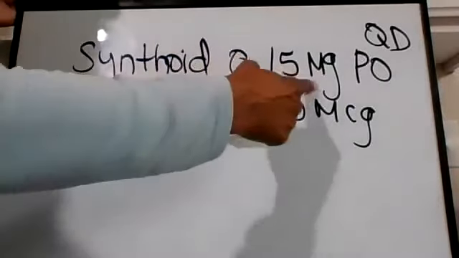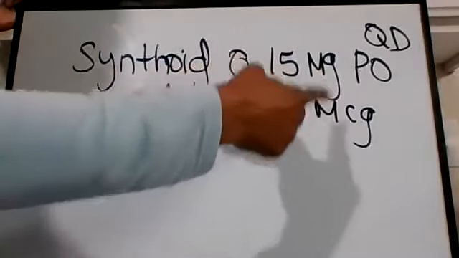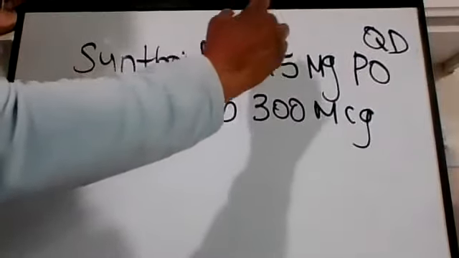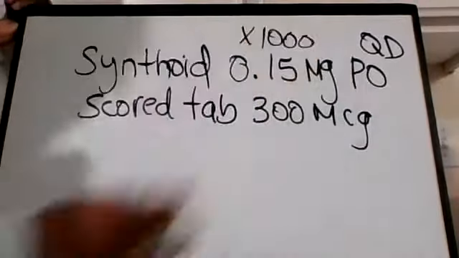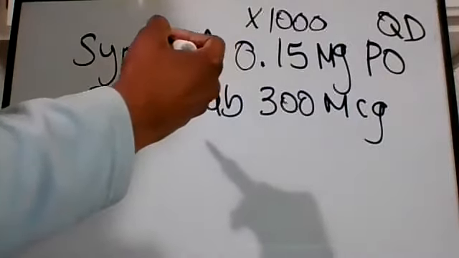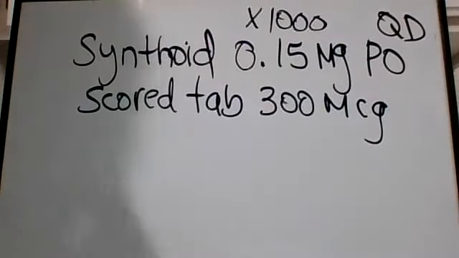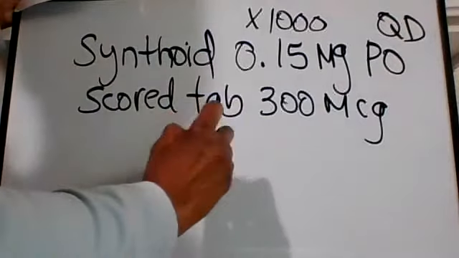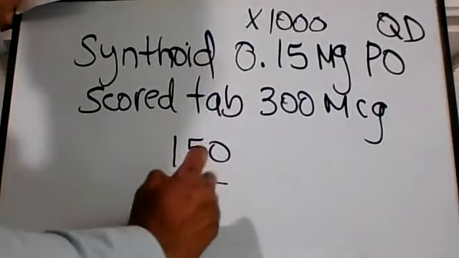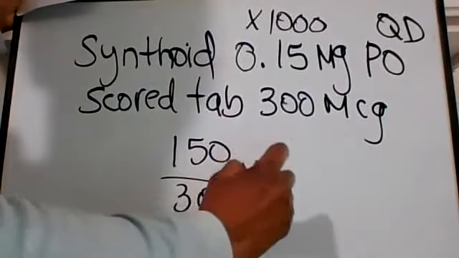We're going from milligrams to micrograms, from largest to smallest. We are going to multiply by 1,000, and we come up with 150 divided by 300 times tab.